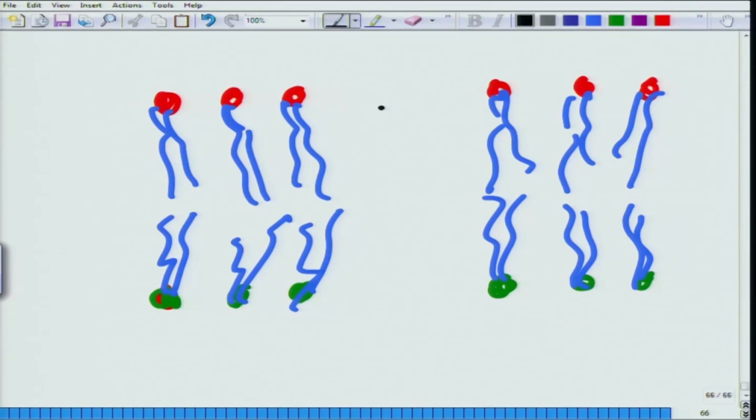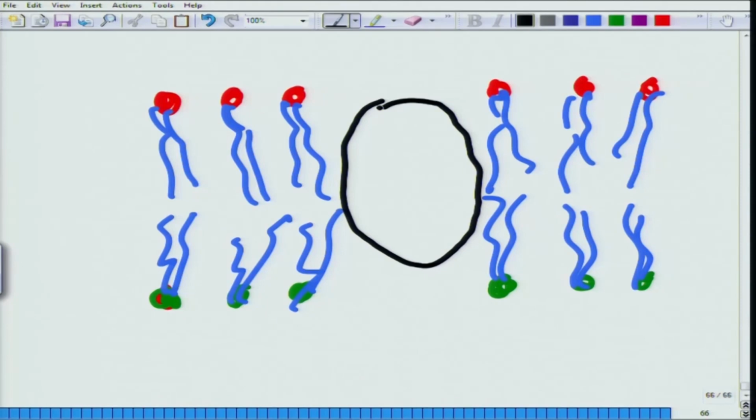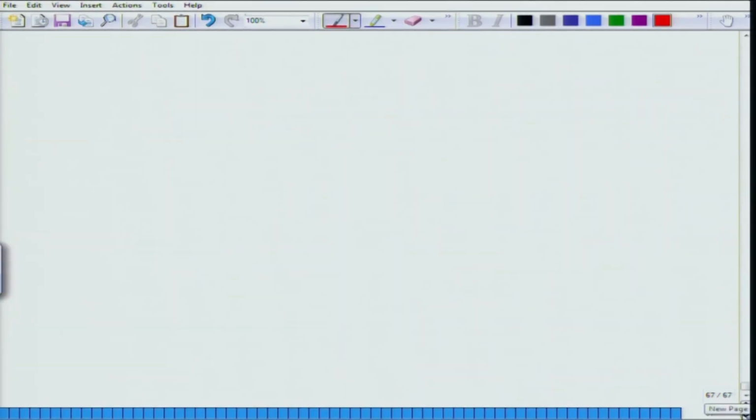So, this is where these molecules get inserted into the membrane, and here they have the potassium core through which water or other ions, or any other molecules can pass through. This is one such example, which is carrier transport. There are other examples which we will be talking about.